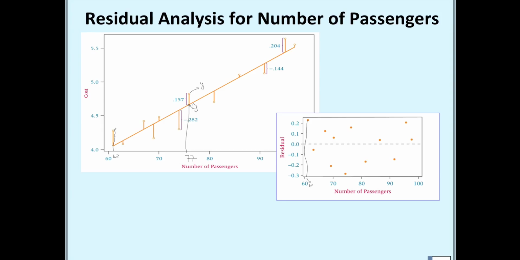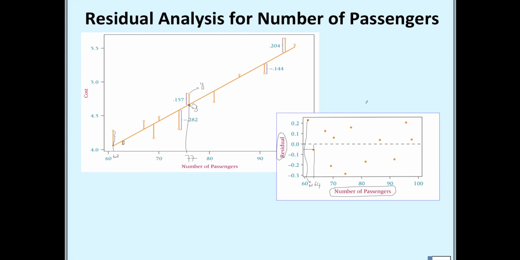It's 0.21. At 64, my residual is negative something. It's negative, let's say 0.5. And so on and so forth. So for every single observation we have, we can draw the residual on number of passengers.